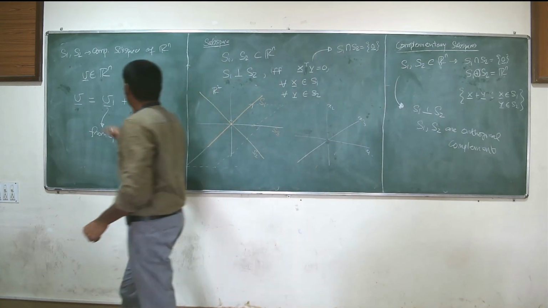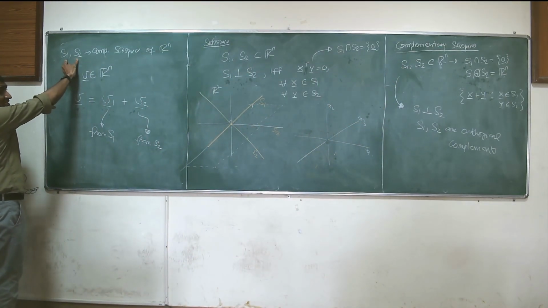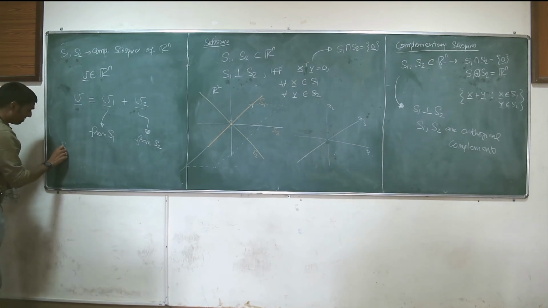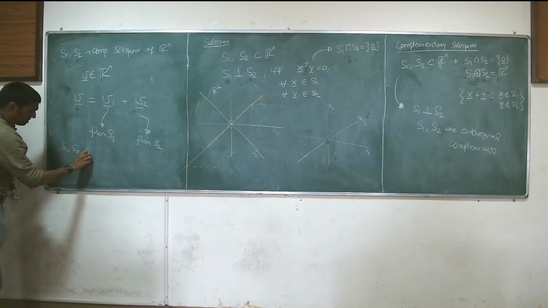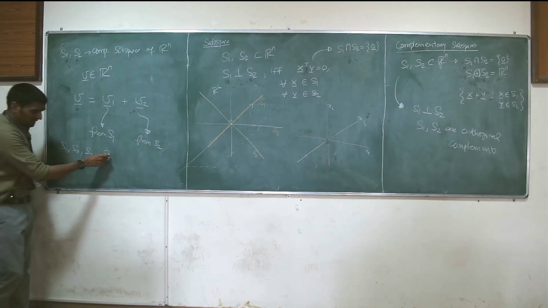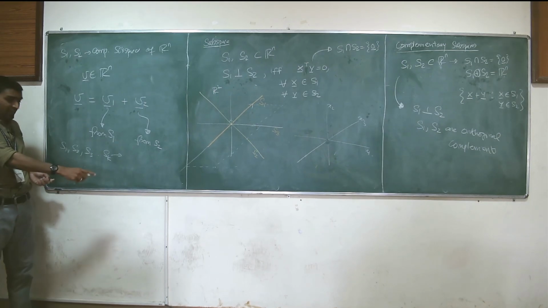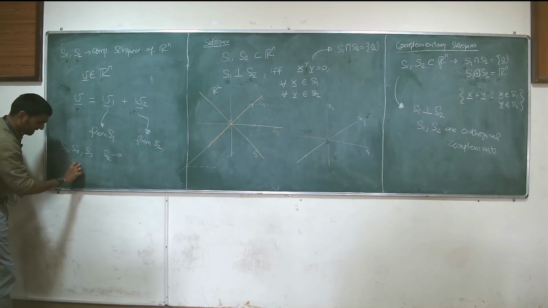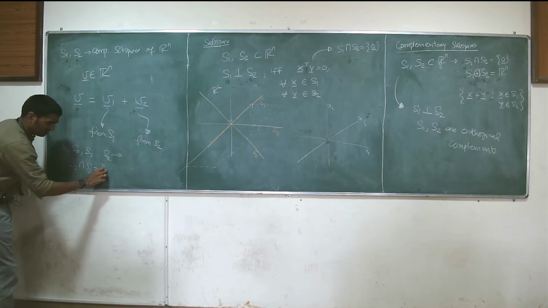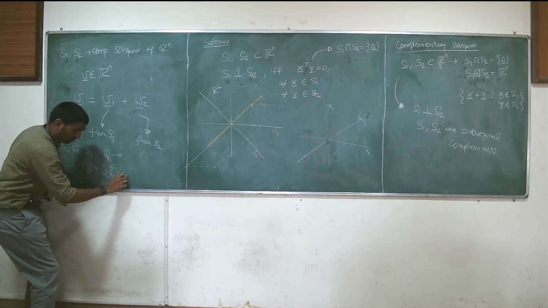Okay. In fact, this idea of complementary subspaces is not restricted to just two subspaces. You can have k subspaces, and we say these are complementary subspaces if Si intersection Sj is only the zero vector when i is of course not equal to j.